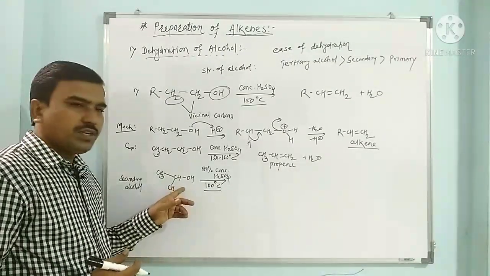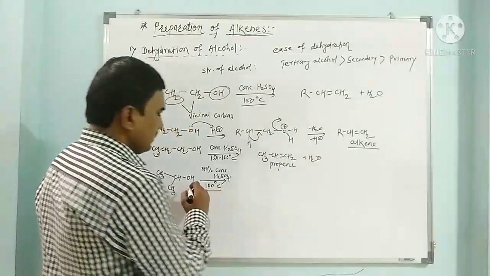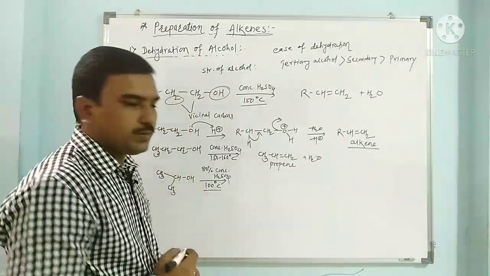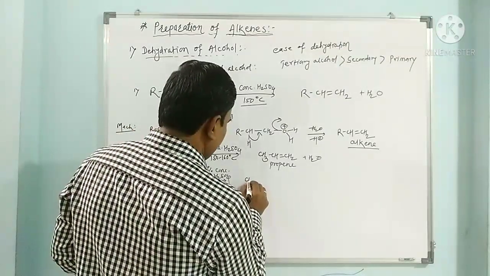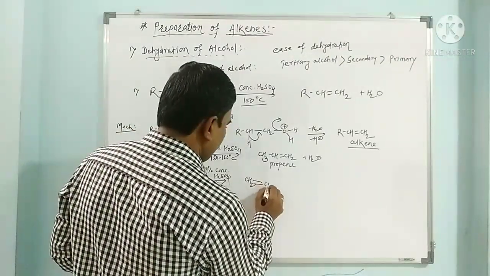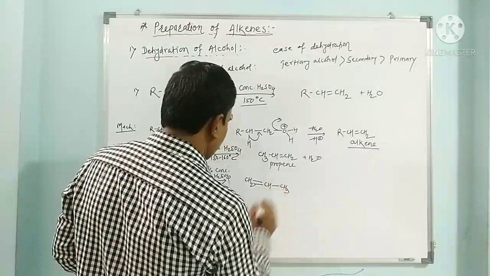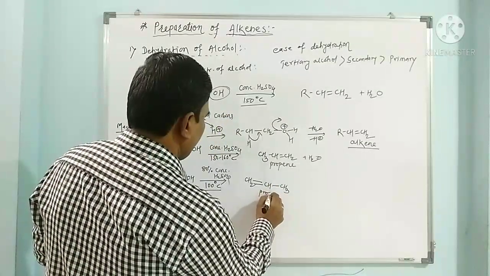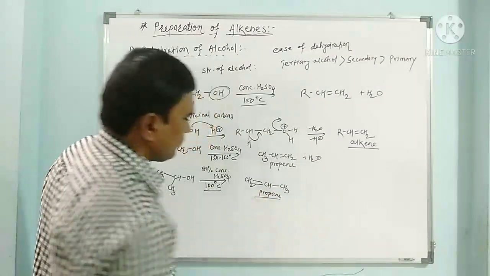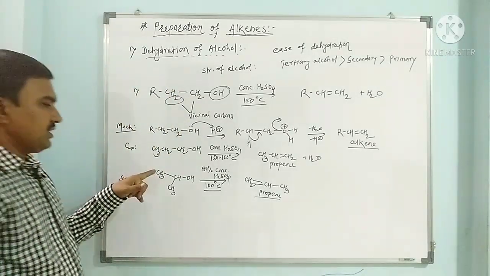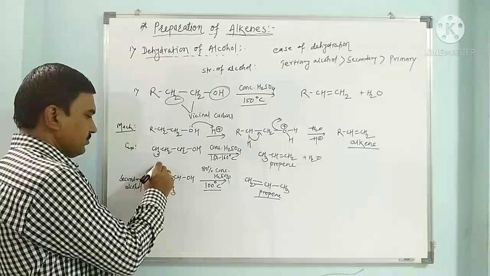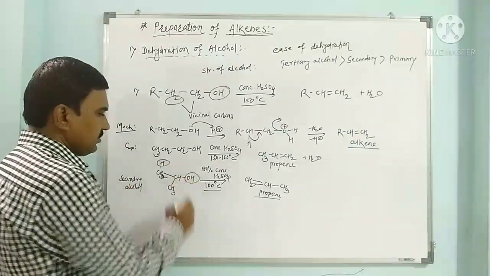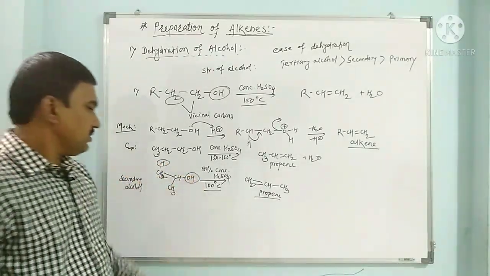So this isopropyl alcohol undergoes dehydration in the presence of 80% sulfuric acid at 100 degrees Celsius, and we get CH2=CH-CH3, again propene. We get propene by the loss of a proton and this OH from the vicinal carbons.